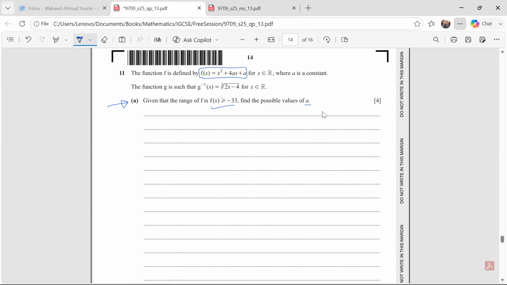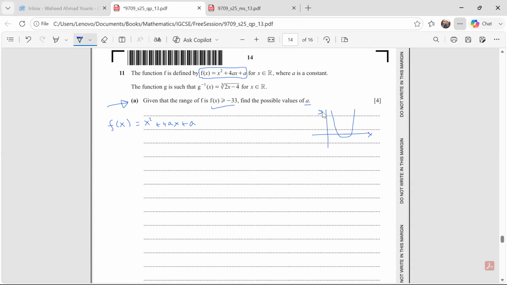When we look at this function, f of x equals x squared plus 4ax plus a, you can see that this is a parabola which is opening up, something like this. This is x, this is y.